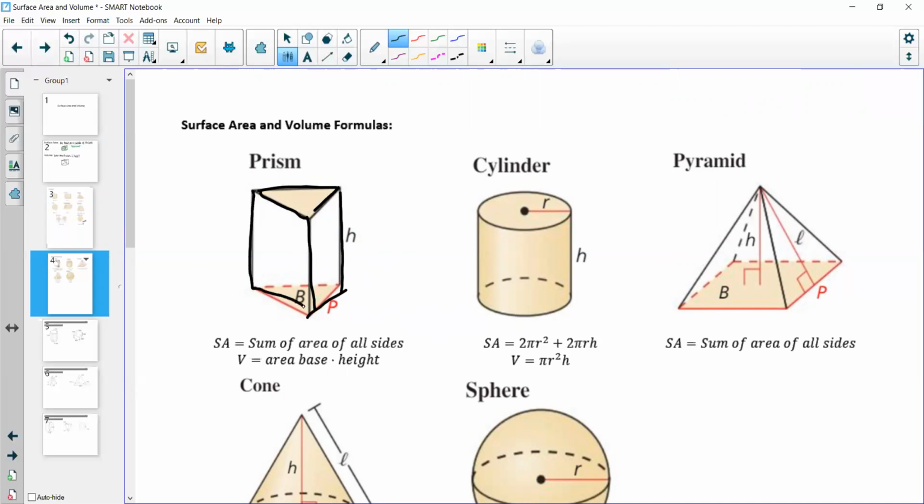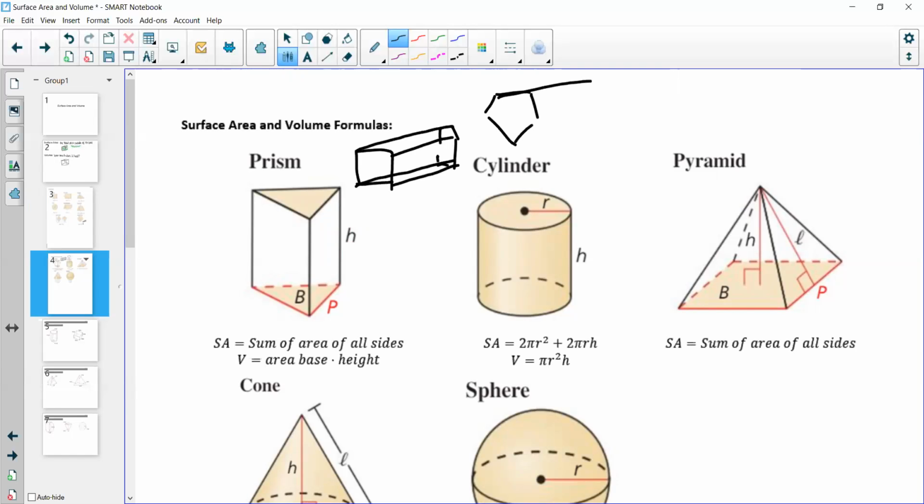This is a triangular prism here in this picture, but we also will often see rectangular prisms, and pentagonal prisms, one that is a pentagon that goes on in that same shape. Prisms just mean that they hold their shape all the way through, so they have a polygon on either end.